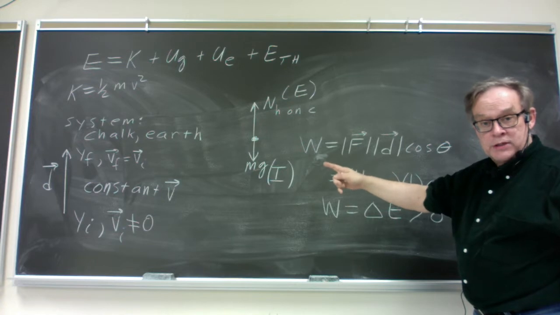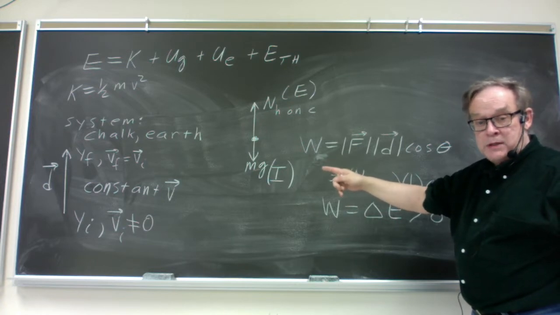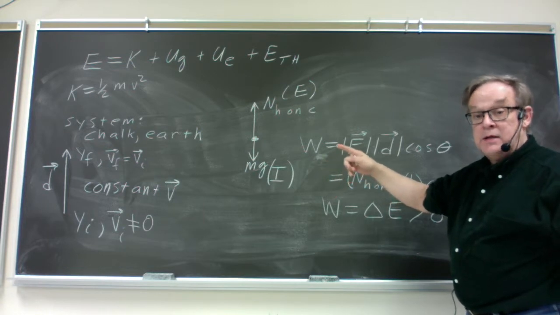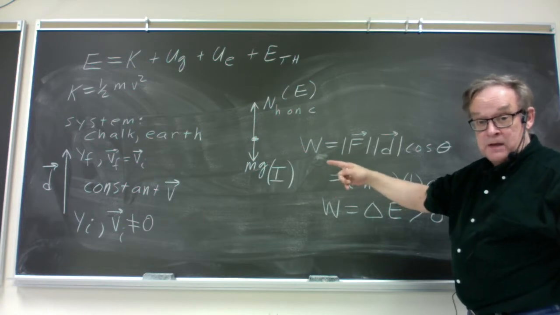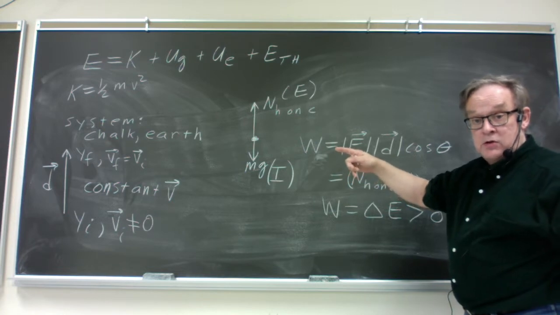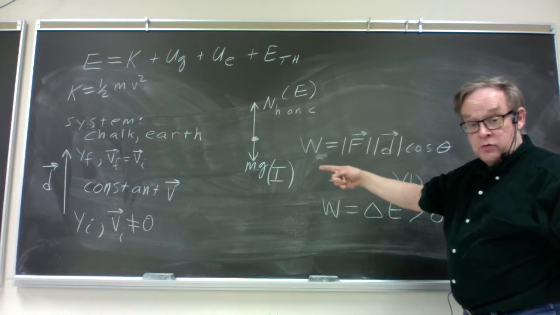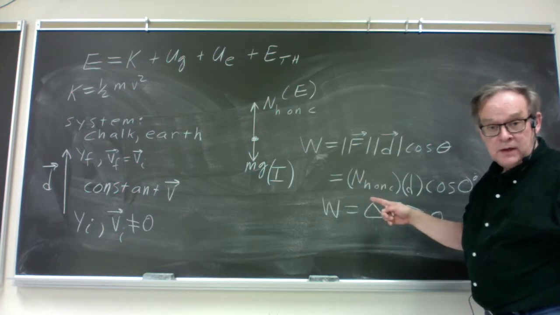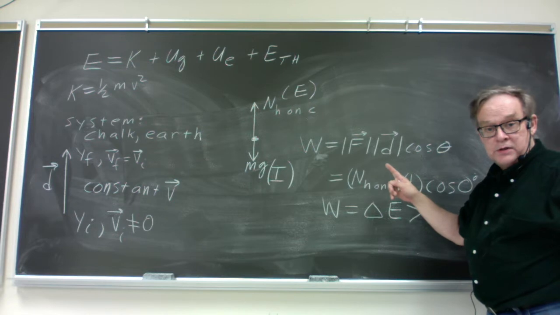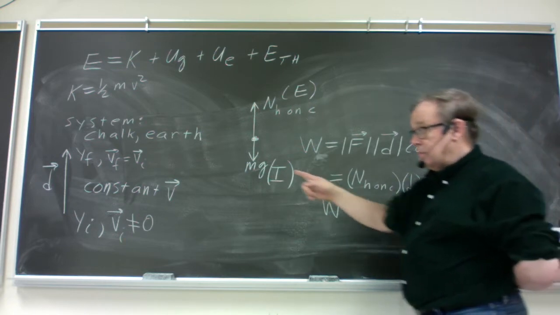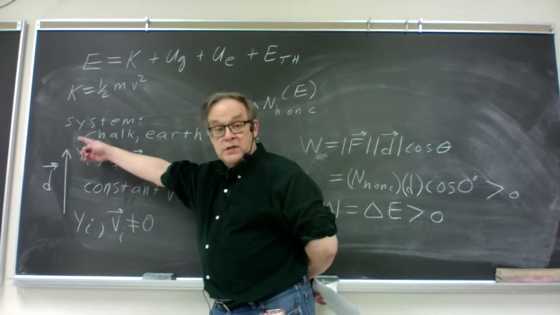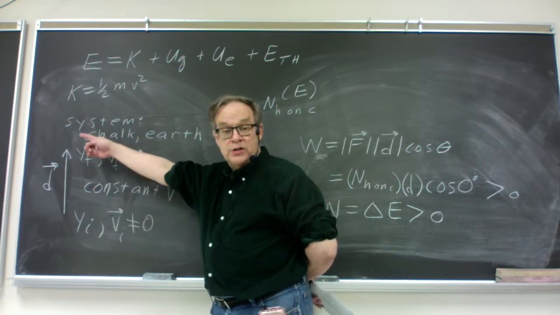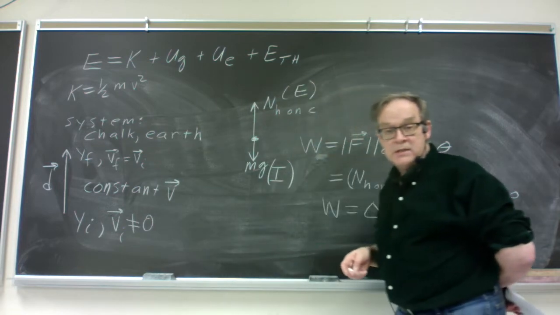Remember that the symbol just plain W always means the net work done by the net external force, the work done by the total of all the external forces. There's only one external force in this case. And then the magnitude of the displacement, that's just the magnitude of this displacement vector d, just the distance between the initial elevation and the final elevation in this case.